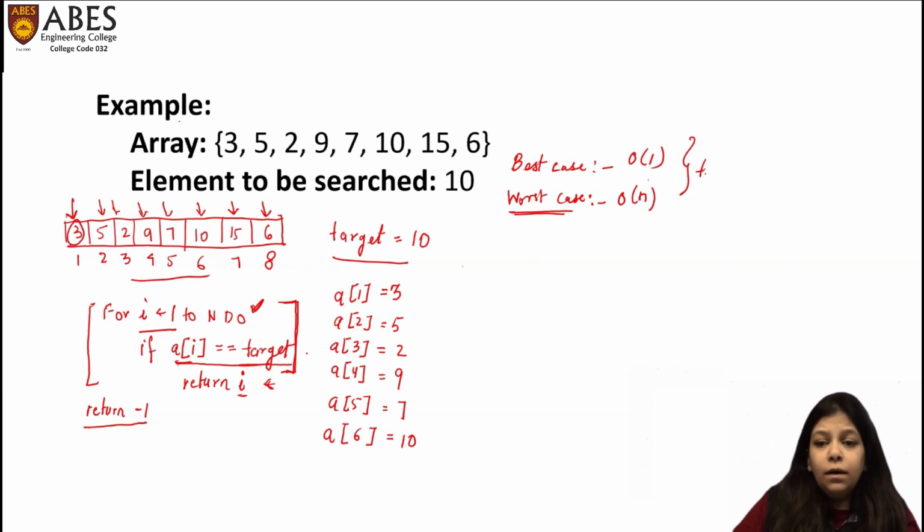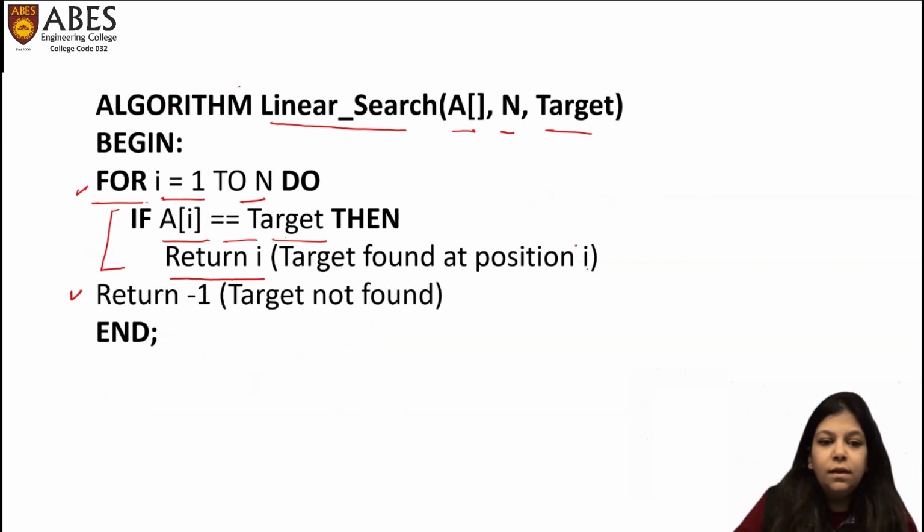What about the space complexity? If we talk about the space complexity, as we know that for the linear search, we have only taken a target variable in order to store the value that we have to find.